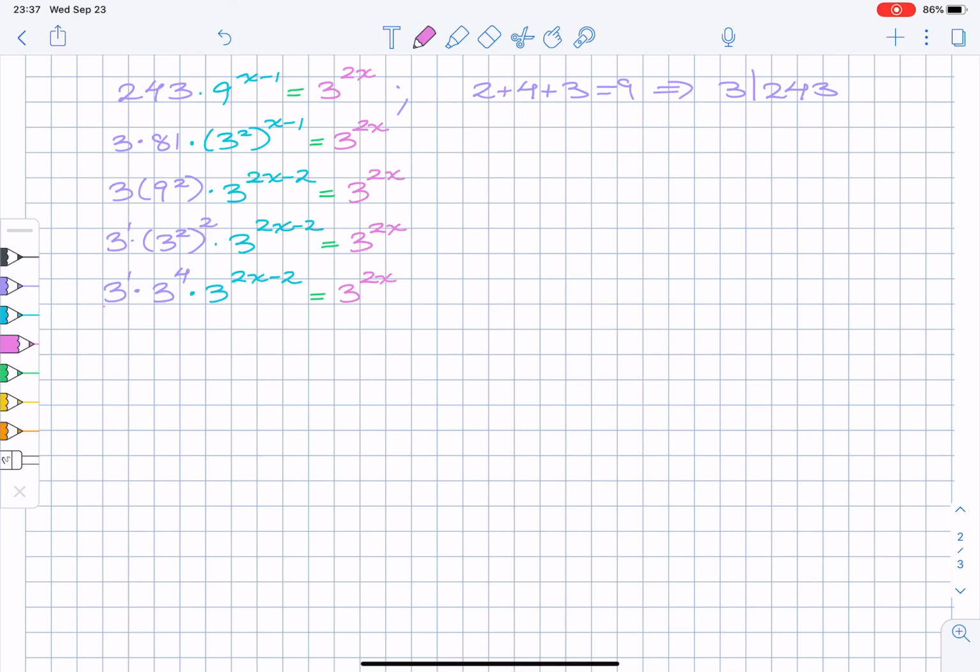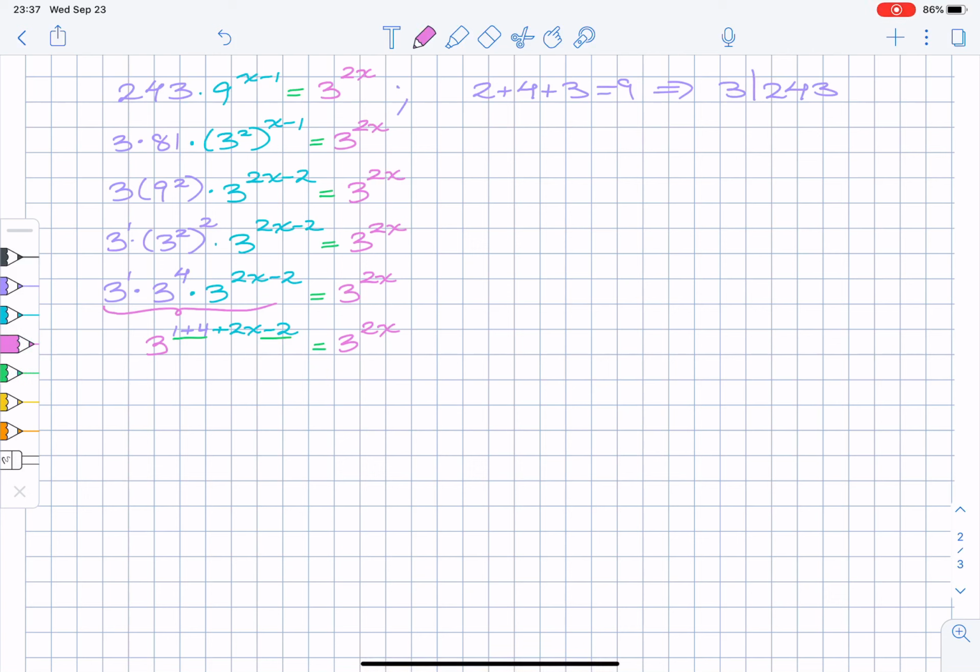I'm going to use properties of exponents to combine all three of these into 3 to the 1 plus 4 plus 2x minus 2 is equal to 3 to the 2x. Okay, so now combining 1 and 4 and negative 2. What do I get?